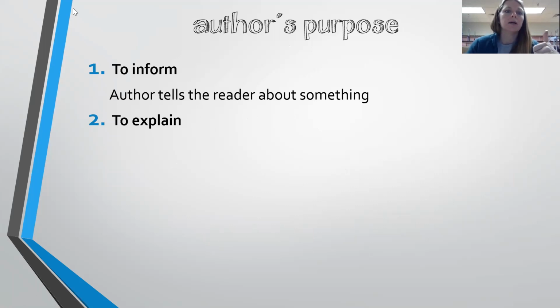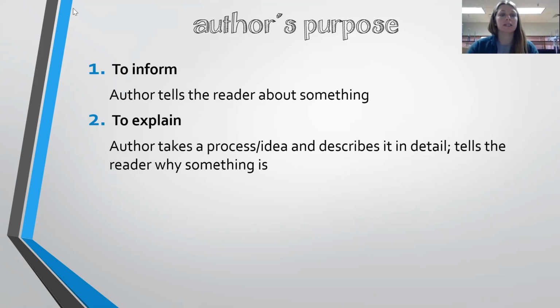But if to inform is just telling you about a thing, explaining takes a process or an idea and describes it in detail, usually gives the reason why something is. So not just explaining that something exists, but why it exists, and goes more in depth or in detail about it, okay?